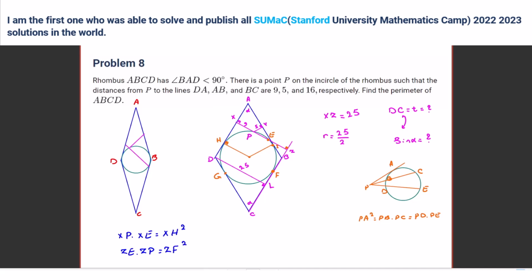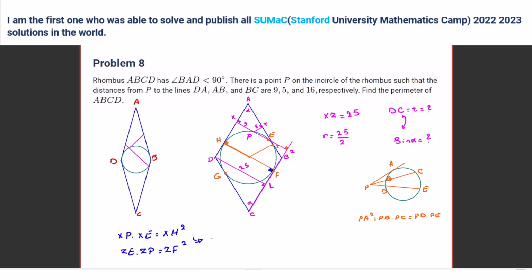And then you can say XHFZ is a rectangle. So that means XH equals ZF. Exactly. Then what? And then if you do that, you'll find that ZE equals 9 and PE equals 7.